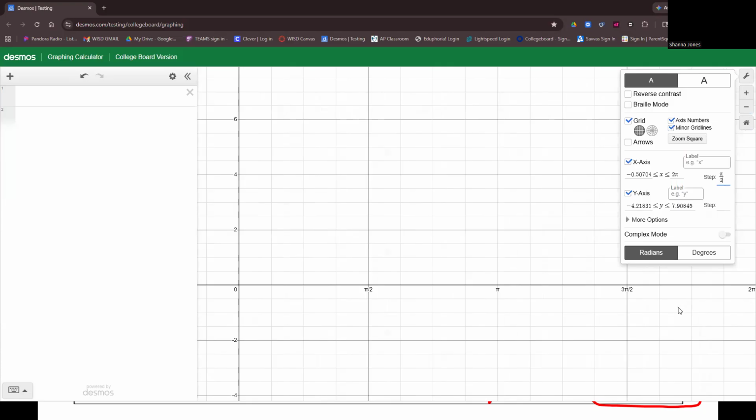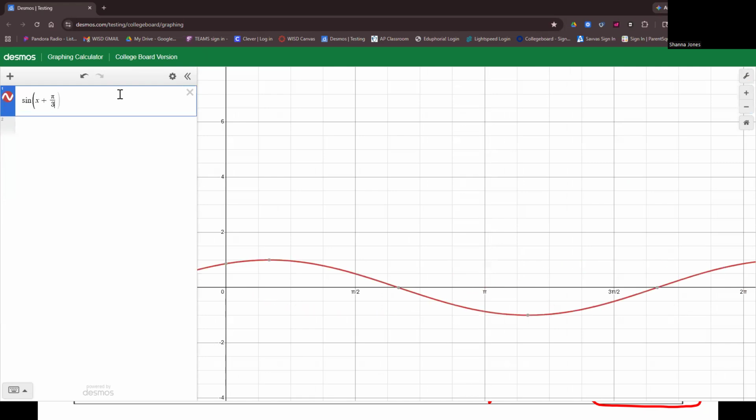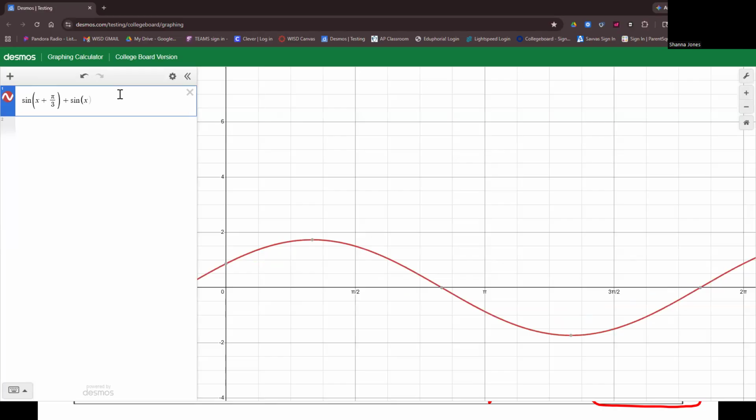All right. Are you with me? So this is the window that I'm looking at. I'm going to graph what it's asking me. So my left side said sine of x plus pi divided by 3 plus sine of x minus pi divided by 3.